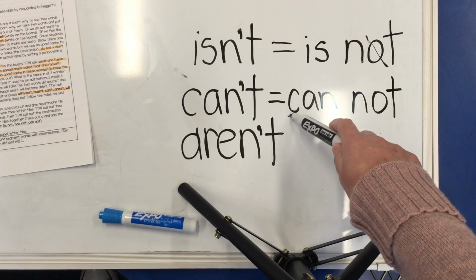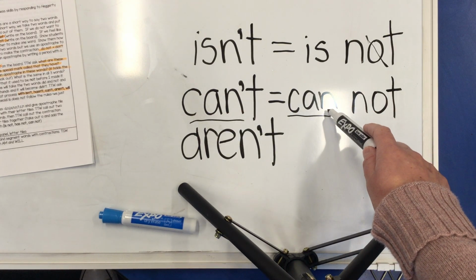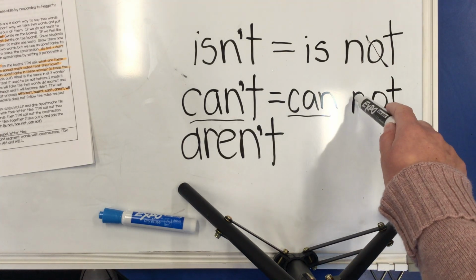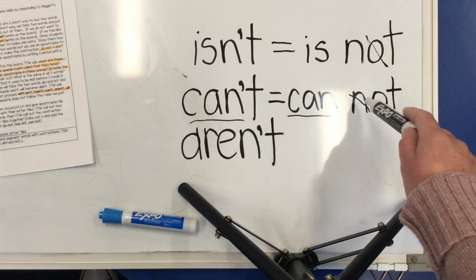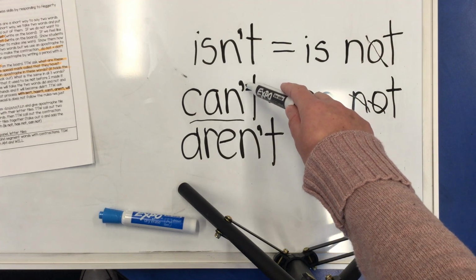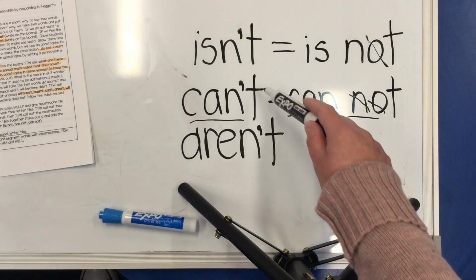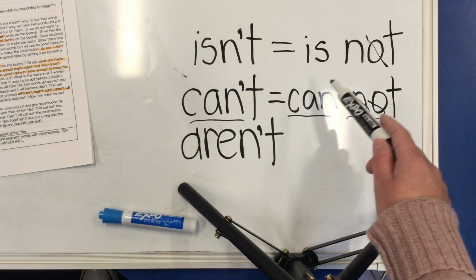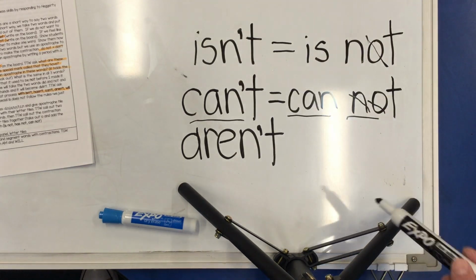All right, we always write the first word the same, can. But look, since there's already an N, we don't need to put two N's over here, okay? So that's why we took out this other N too, okay? So we took out the N, and then we're also going to take out the O, and this apostrophe holds the place of the two letters that we took out. And then we put our T. So cannot becomes can't.